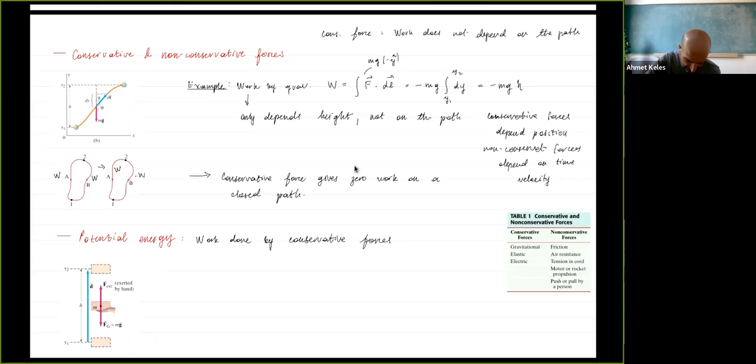I think this is elementary, so maybe I can just write the result. The external work, in this case, is equal to the change in potential energy, which is equal to mgh.